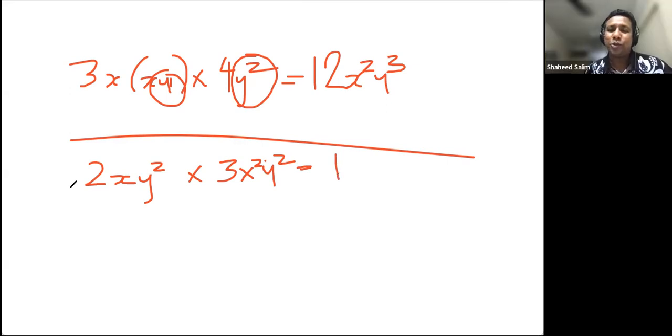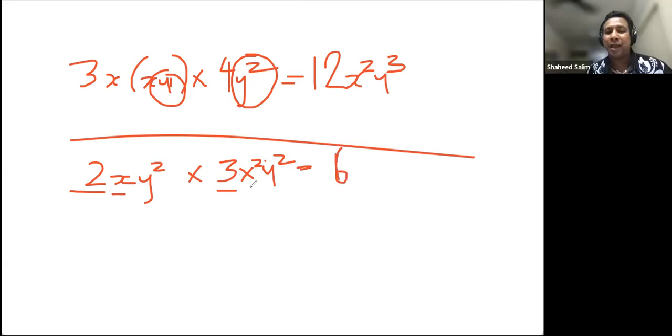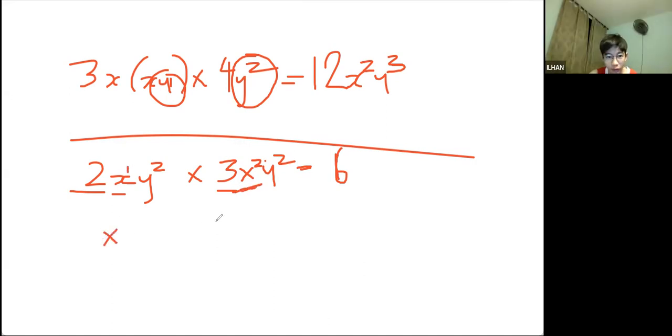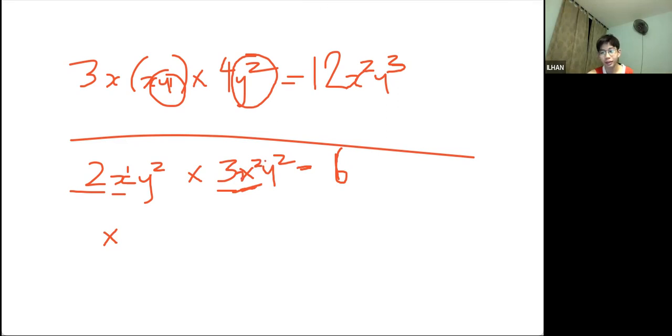How you get 12x? 2 times 3, what do you get? 6. So look at x times x squared. Is that x squared? x is x1. Oh, I thought that's a times. No, my bad.